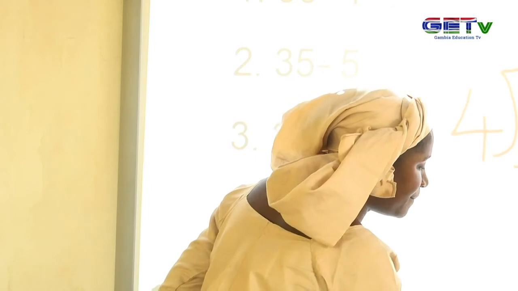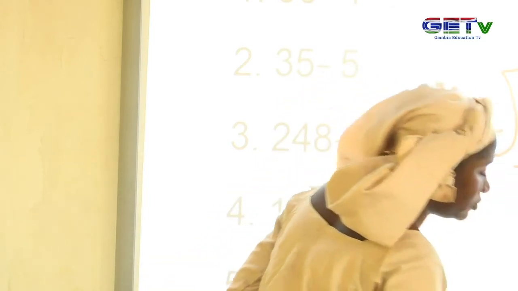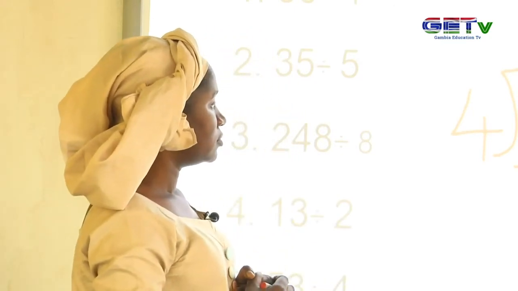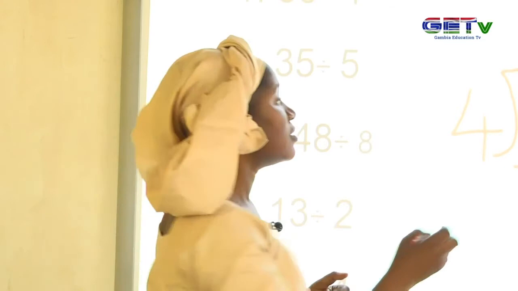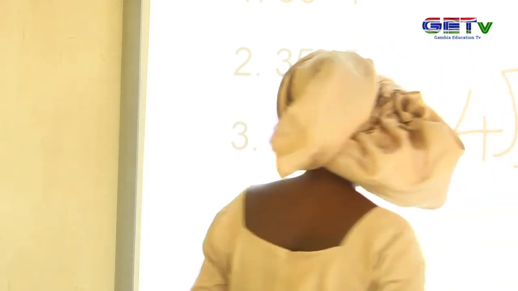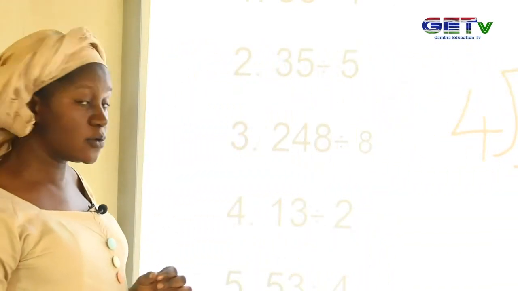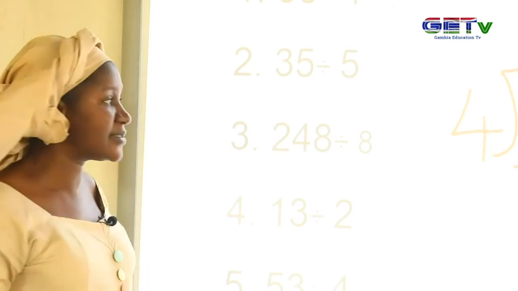And 13 minus 12 is 1. So 53 divided by 4 is 13 times, remainder 1. The final correction now is 710 divided by 6.